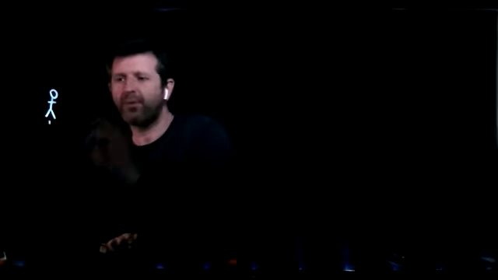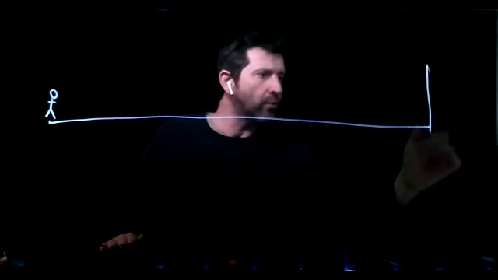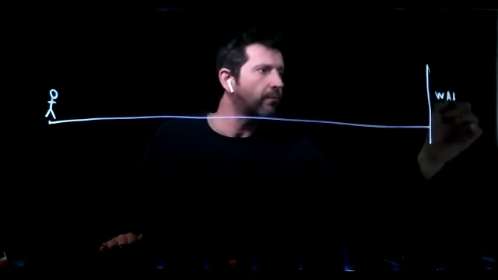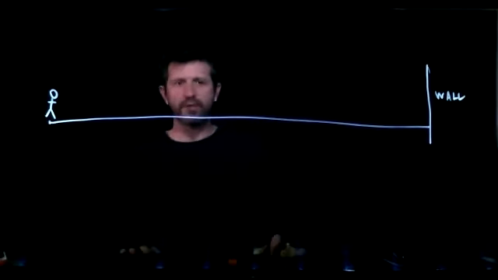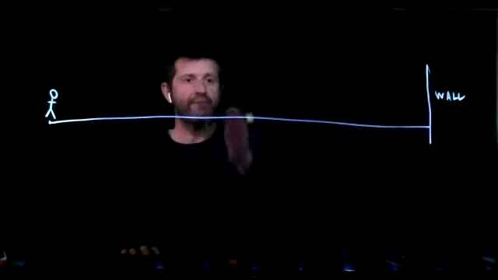Okay, so just to visualize what I just explained, imagine this. That's me, and here there is a wall. Typical example. And every time I step, I do half the distance.